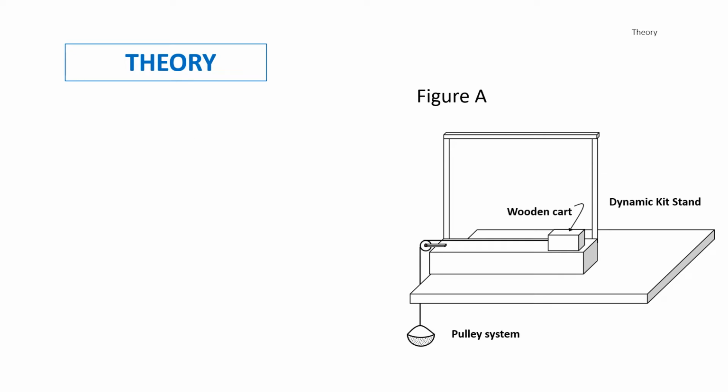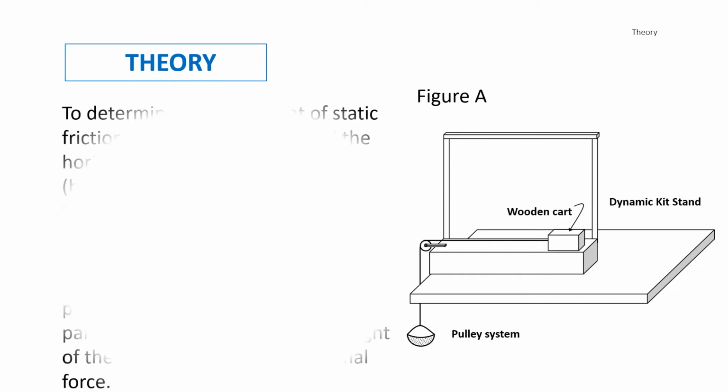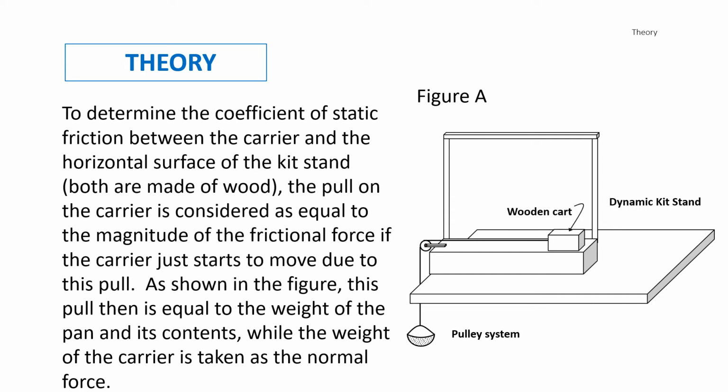In figure A, you can see the wooden cart, the dynamic kit stand, and the pulley system. Take note that the wooden cart and the dynamic kit stand surface are horizontal. To determine the coefficient of static friction between the carrier and the horizontal surface of the kit stand, both are made of wood.